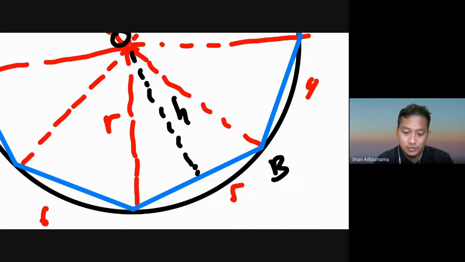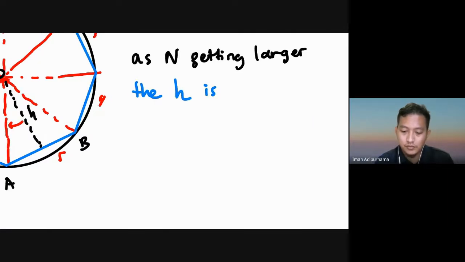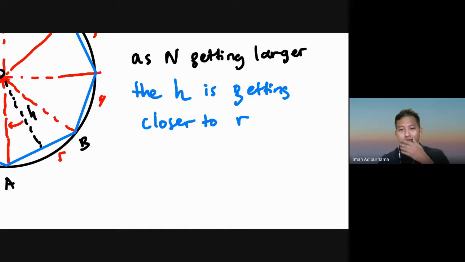It's getting closer to the radius, right? The length. So the height is getting closer to r, right?